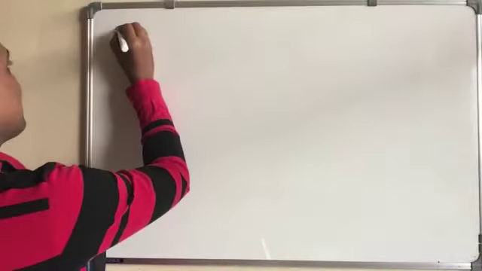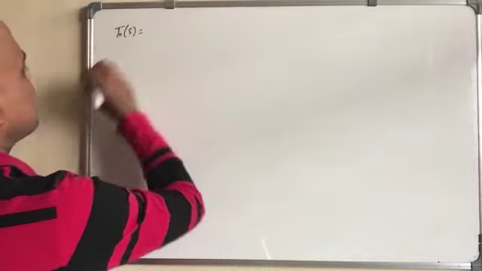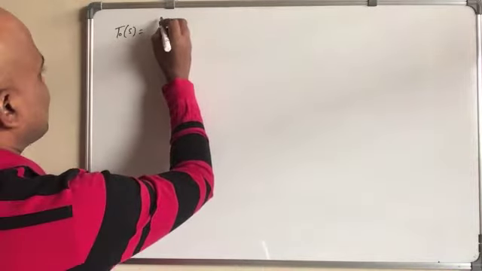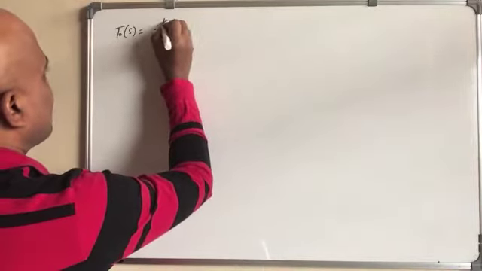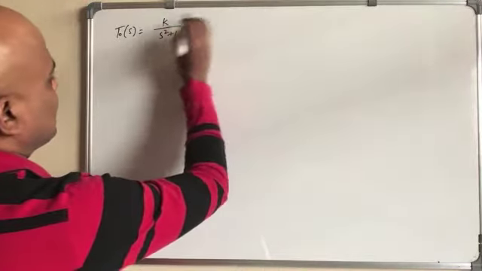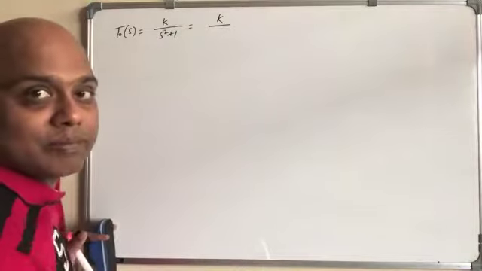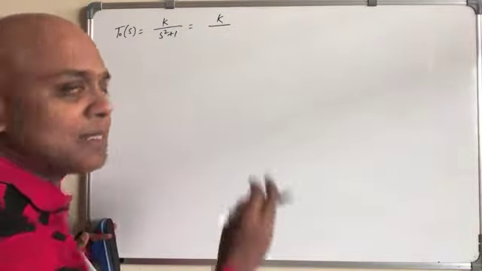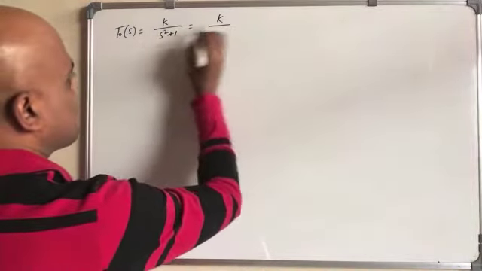Similarly, for example, T naught s equal to, let us say, 1k over s square plus 1, and in this case we have k, and then we have s.